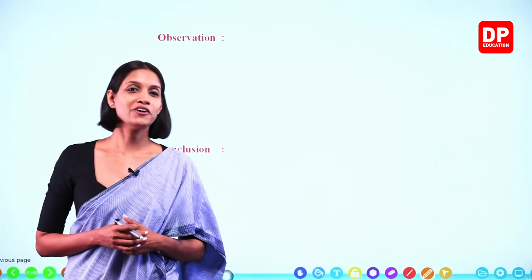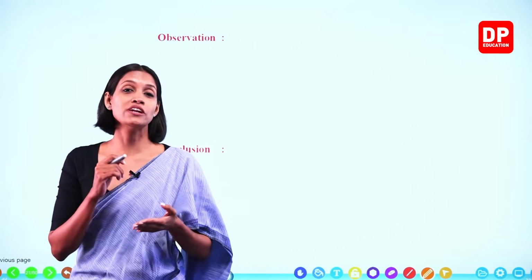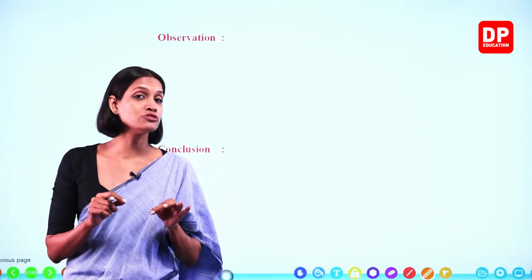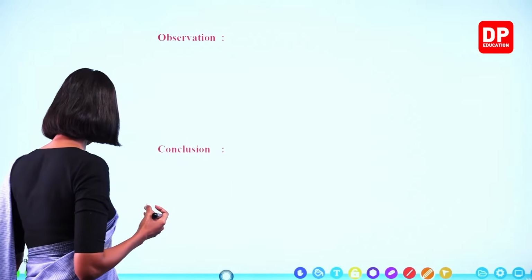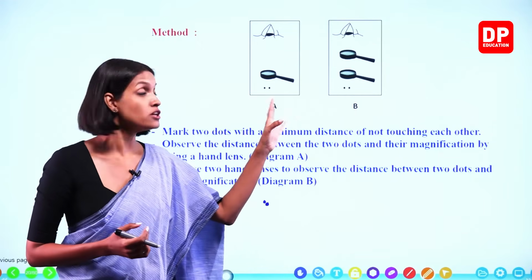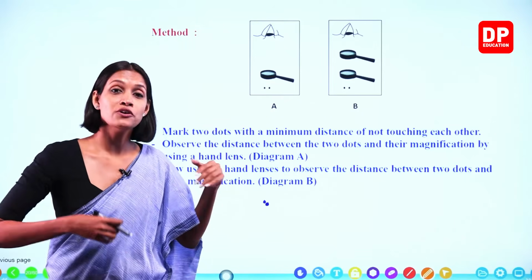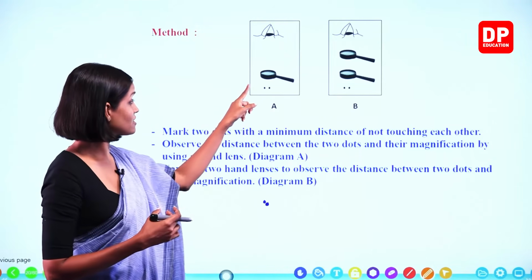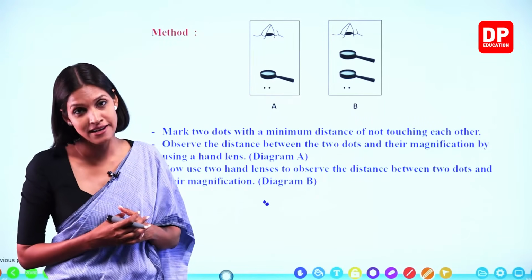Right, children? So you all observed what happened. In the first instance, we used only one hand lens to look through the two dots. Then we used two hand lenses. What we had to observe is the distance between the two dots and the magnification. So obviously when we used one hand lens, we could clearly see two different dots and the magnification is also higher than that of the naked eye.